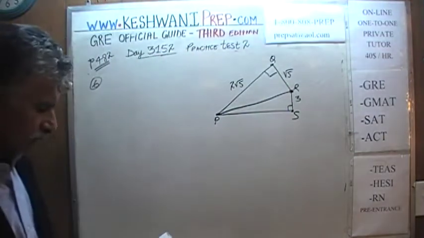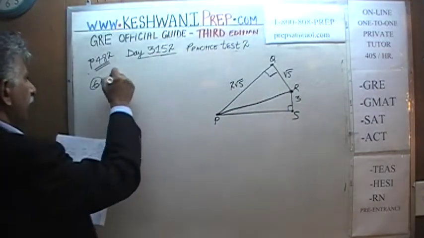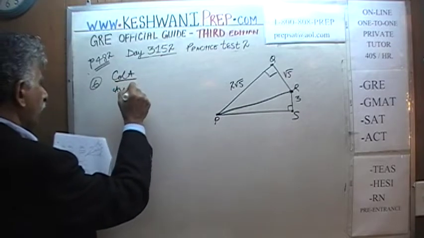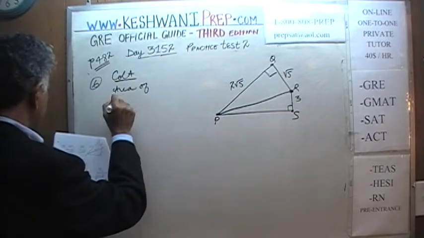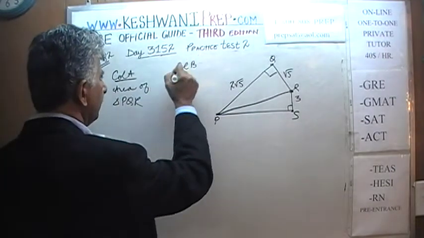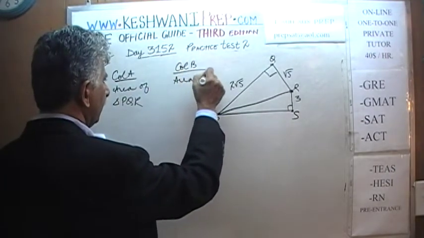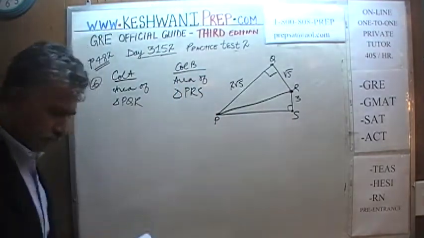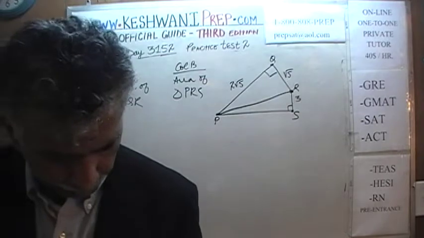Let's see what they're asking us to compare. Column A, we have area of triangle PQR, and in column B we have area of triangle PRS. Let's see what we can do.